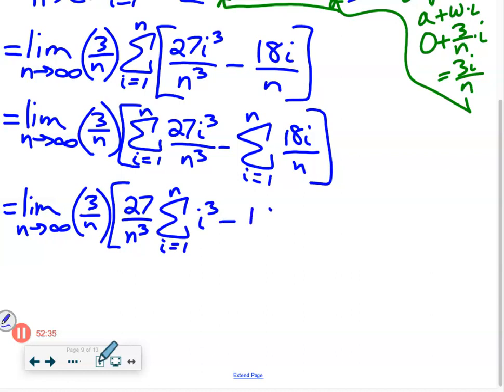And the 18 over n can go in front of its sigma. So all I'm doing now is moving the constants for each sigma in front of their own sigma. i is not a constant. It has to stay to the right. But all the other stuff can go to the left.